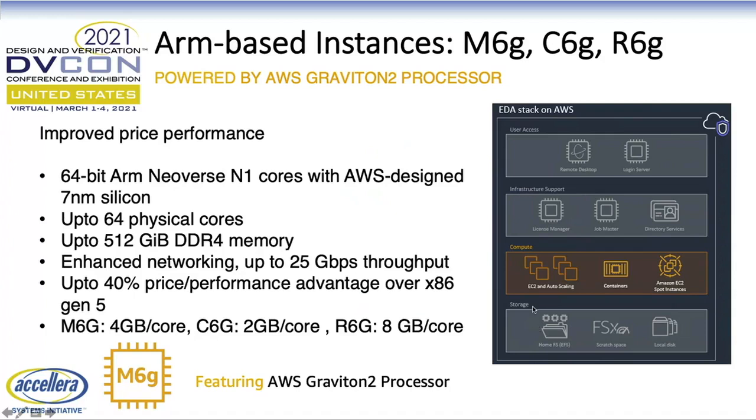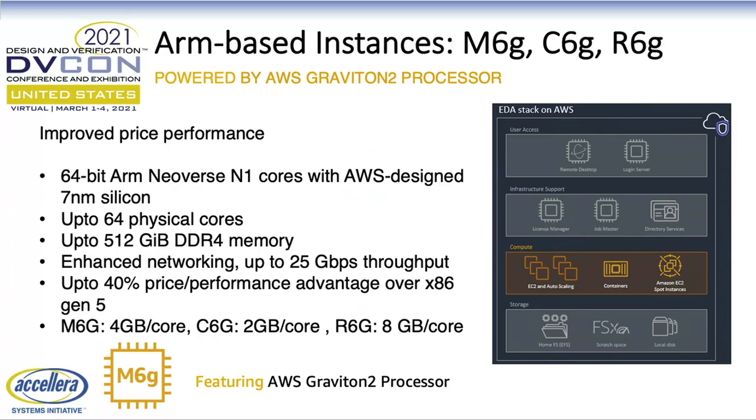And there are different instance families that are available on AWS. The most relevant ones for our discussion today would be, for example, the ARM-based instances, what we call the Graviton2, or powered by the Graviton2 processor that's developed by AWS. And these are available on 3 different instance families.